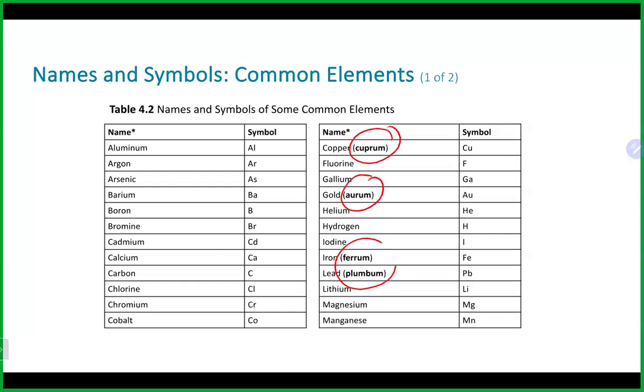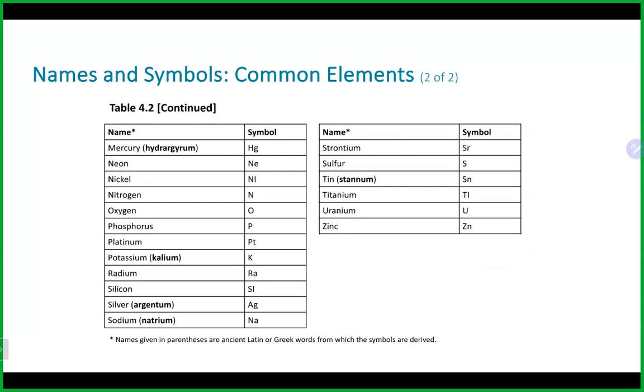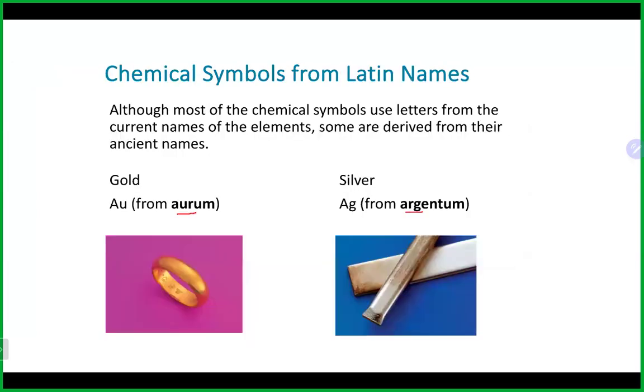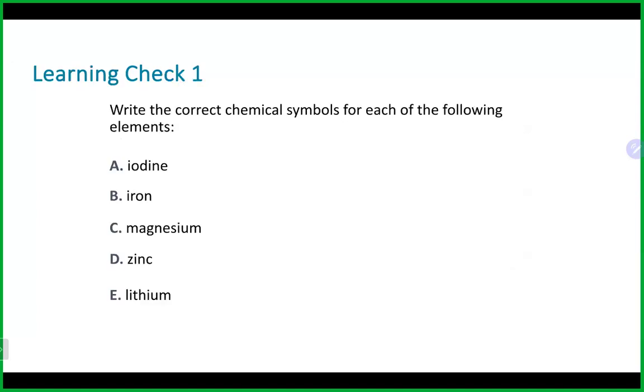These are the historical names, or sometimes Latin names, where these symbols come from. By the way, Hg is mercury, and that does pop up a lot. So here's some of those symbols and why we use some of the letters there.